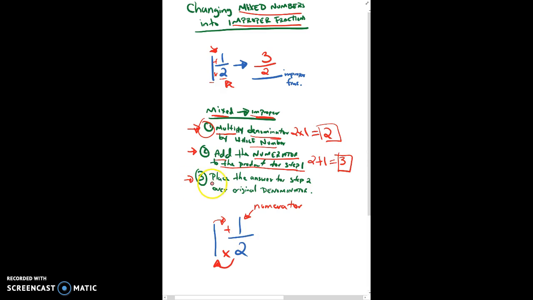And then the third step is to place the answer for step 2 over the original denominator. So the answer for step 2 is 3. So this 3 we would take and place it over the denominator, which in this case is 2.